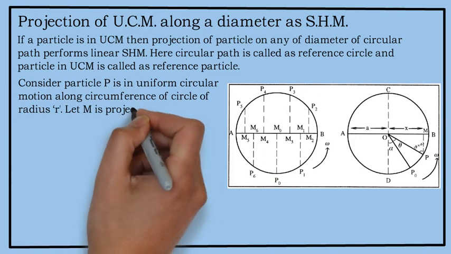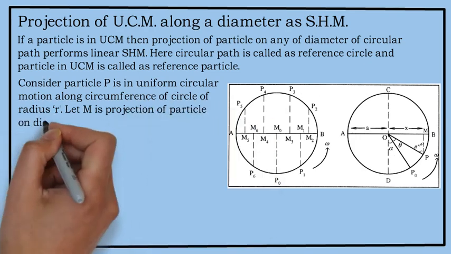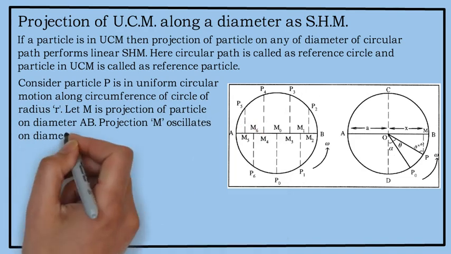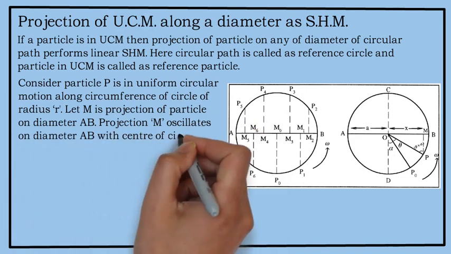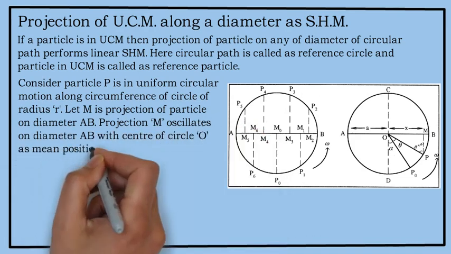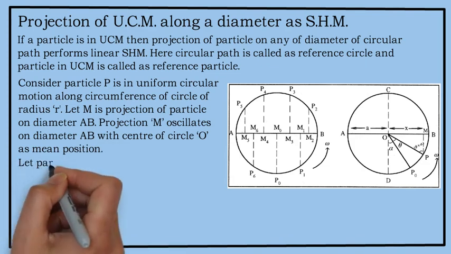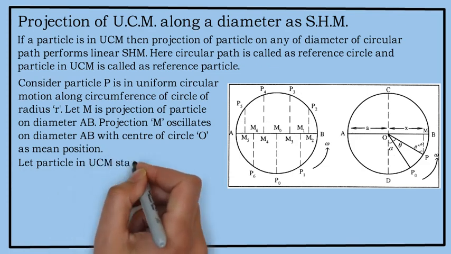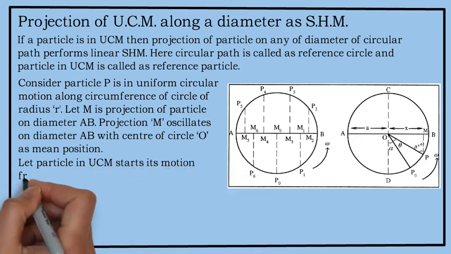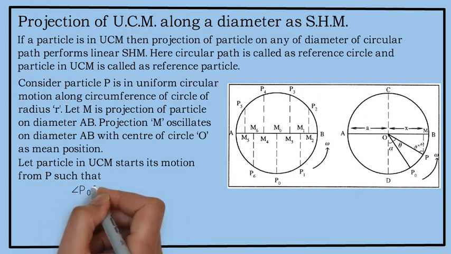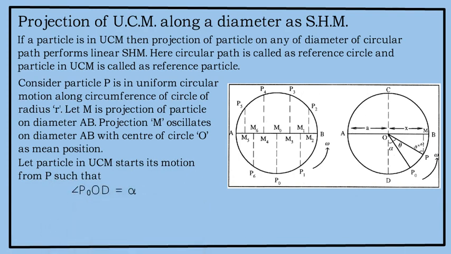Let M be the projection of the particle on diameter AB. The projection M, as you can see in the diagram, oscillates along diameter AB with the center of the circle O as the mean position. Let the particle in UCM start its motion from P such that angle POD is equal to alpha. I hope you're checking with the diagram.